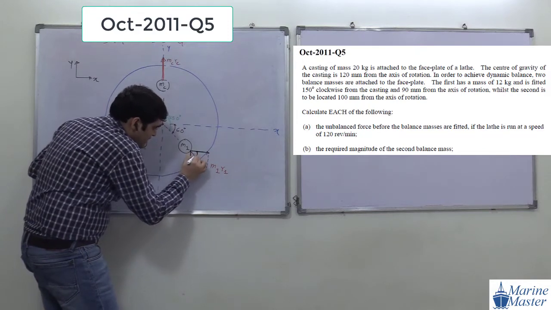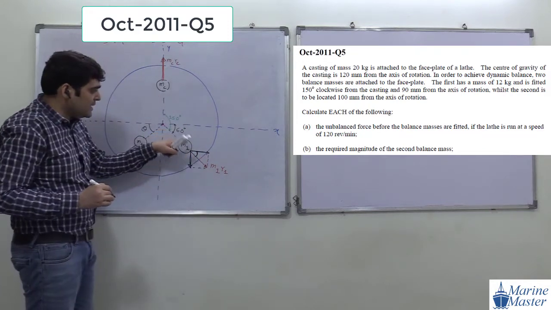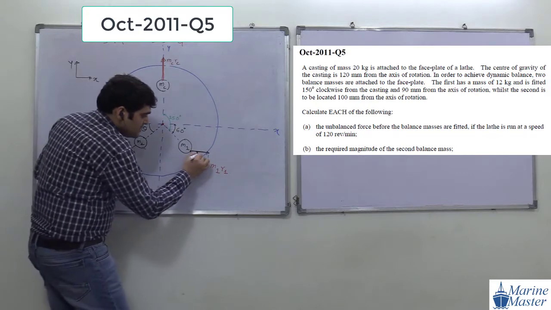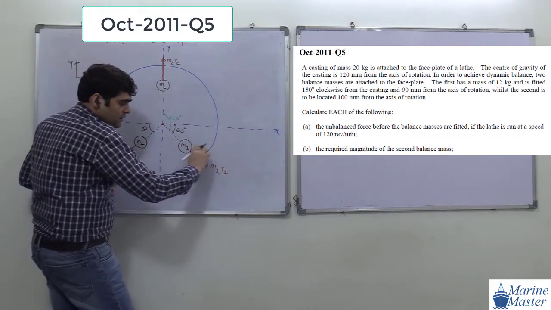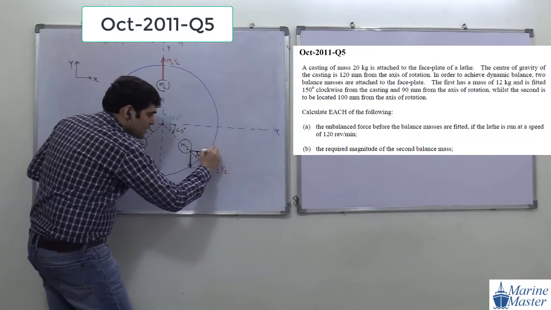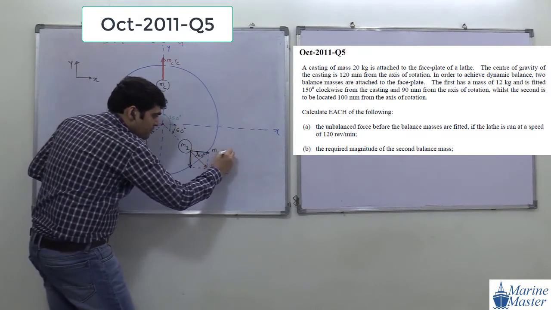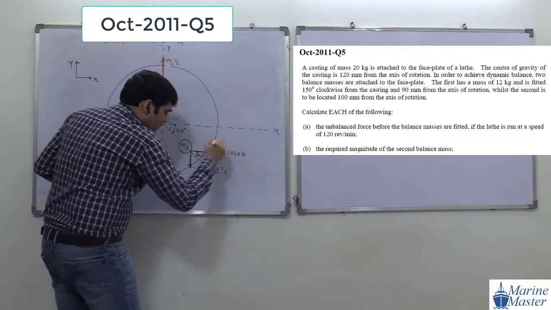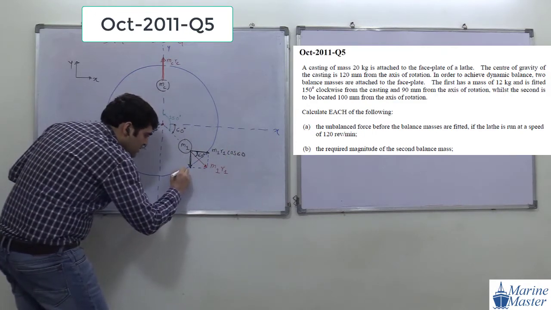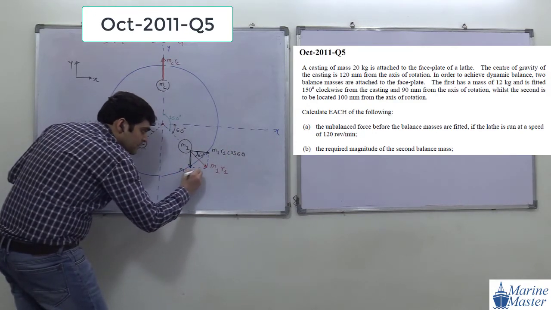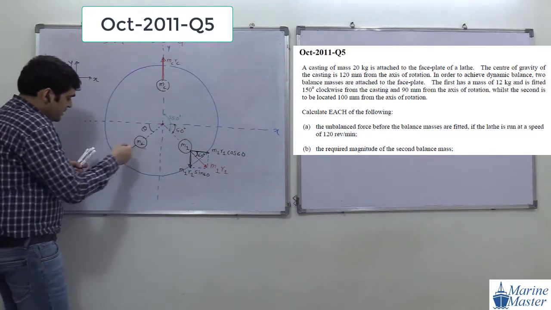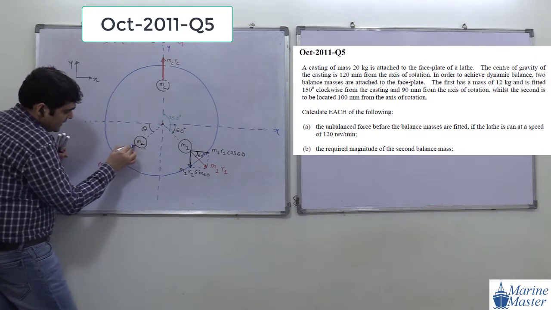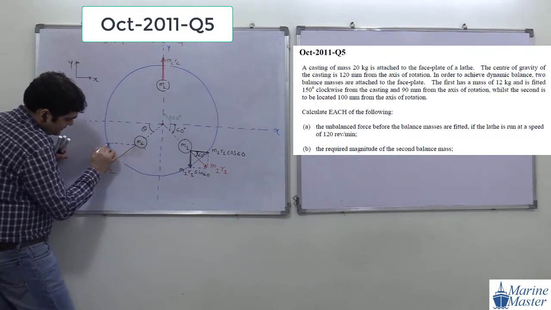Whatever this angle is, the same angle will be here. This angle is 60 degree. So this component in the x direction is m1 r1 cos 60, and this component is m1 r1 sin 60. Very good. Then same with m2 r2, we are going to form a rectangle like this.